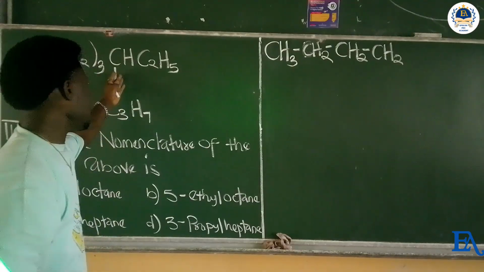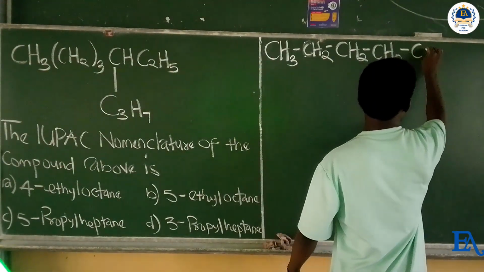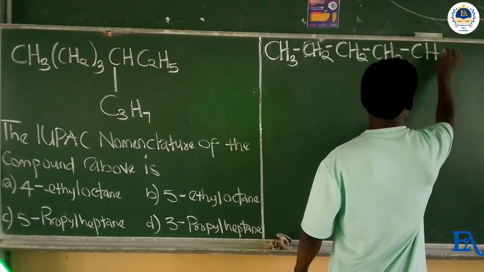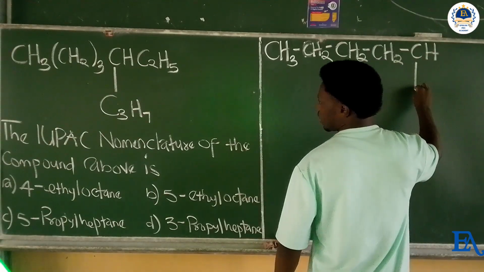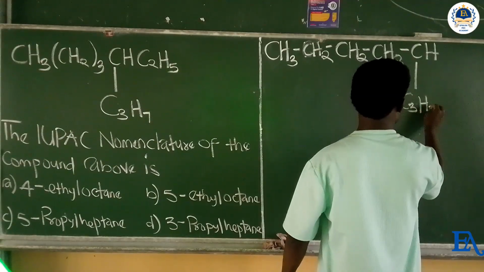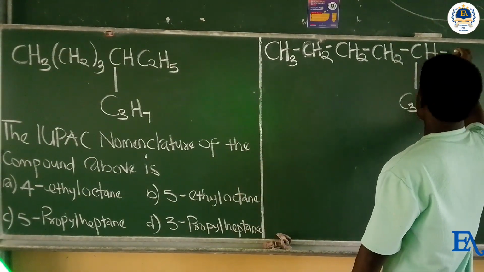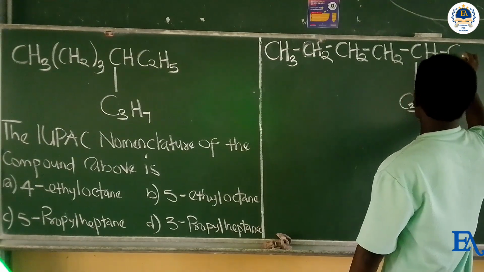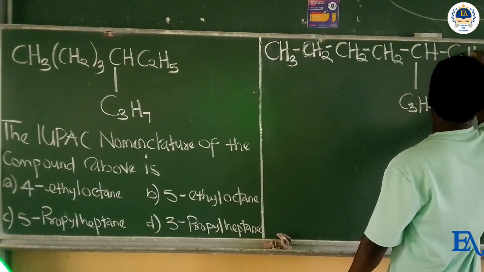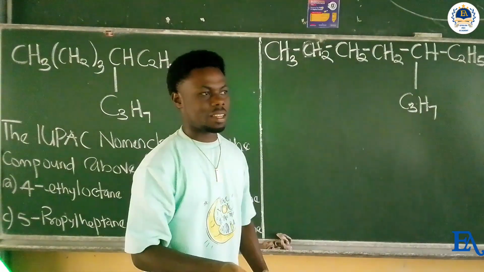Next we have CH. Under it there is a stroke which gives C3H7. So over here we have C2H5. That is the first thing we must obtain.